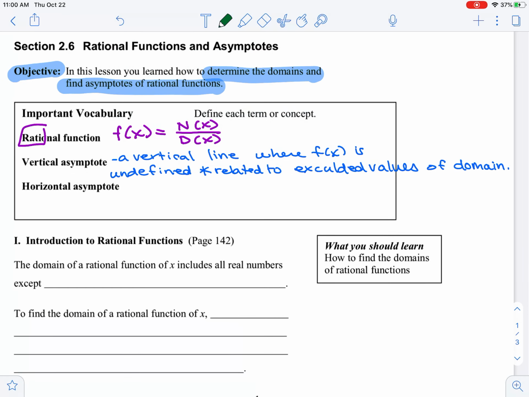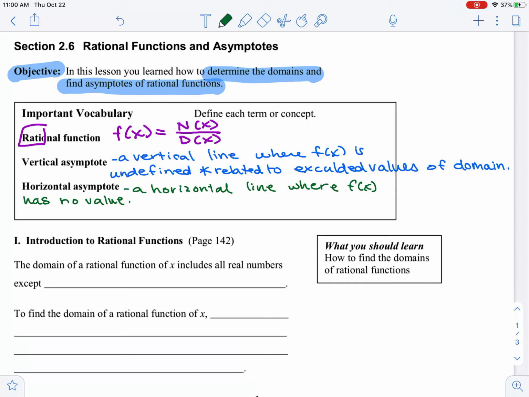And then the horizontal asymptote is defined as a horizontal line where f of x has no value at all.